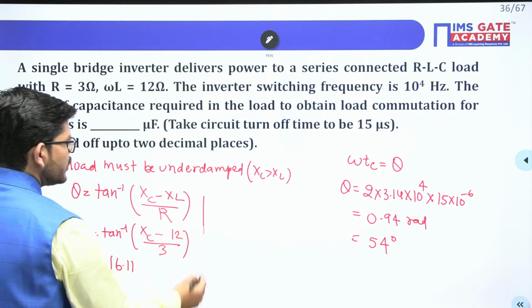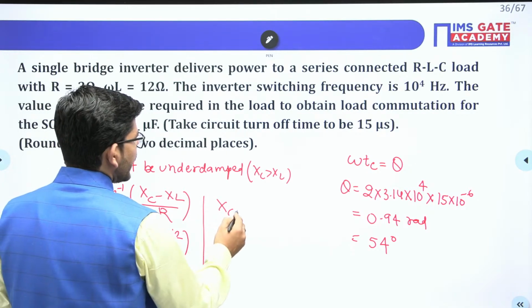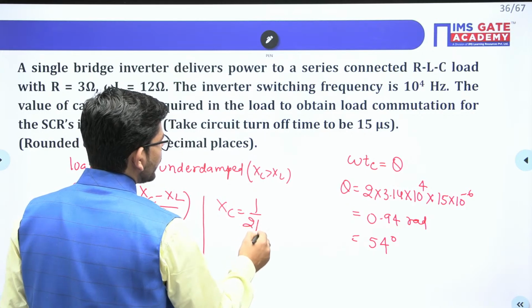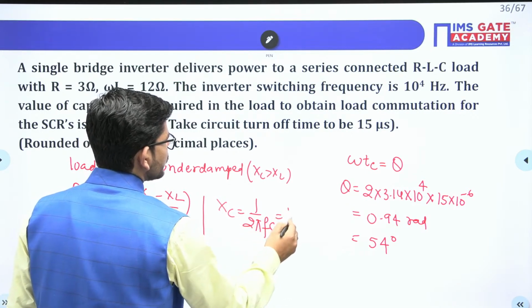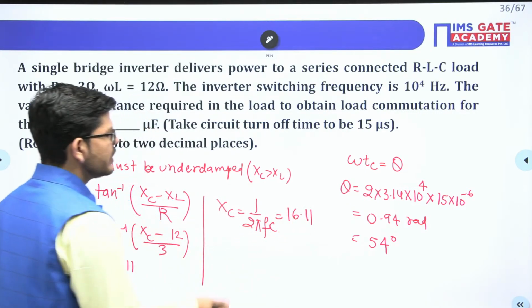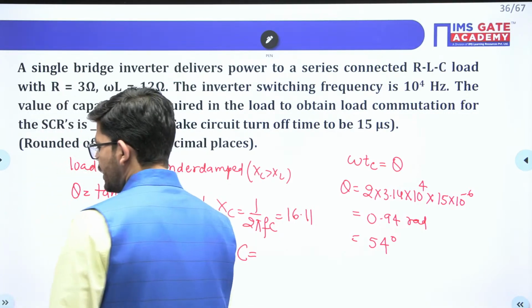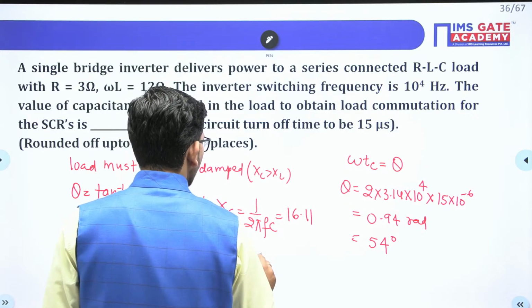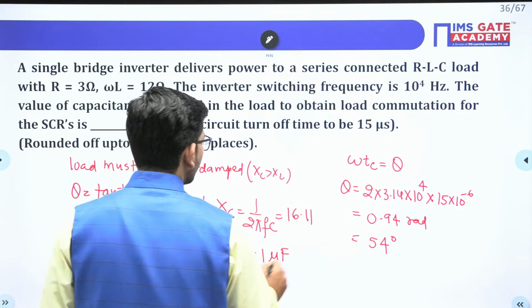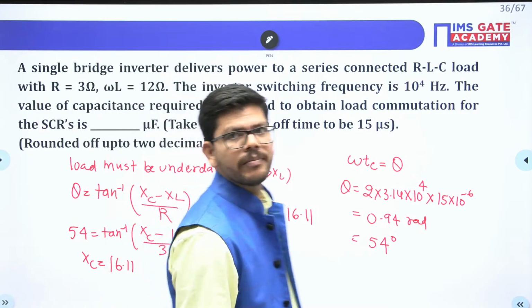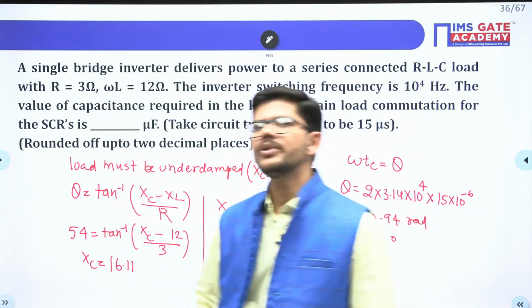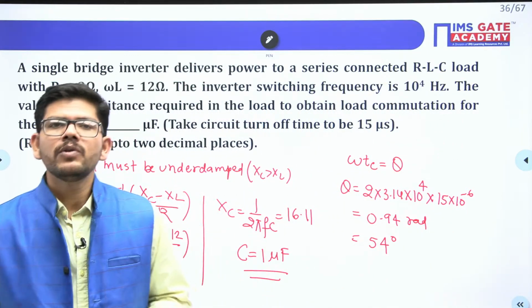Now once you have calculated Xc, which is 1 upon 2 pi fC, equal to 16.11, and everything is given to us, you can calculate the value of C from here, which comes out to be approximately 1 microfarad. So this will be the answer. This is how you can calculate the value of C here.